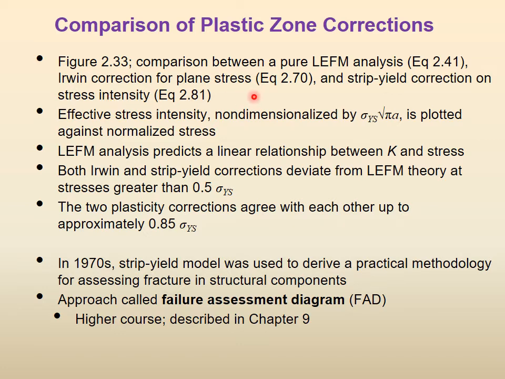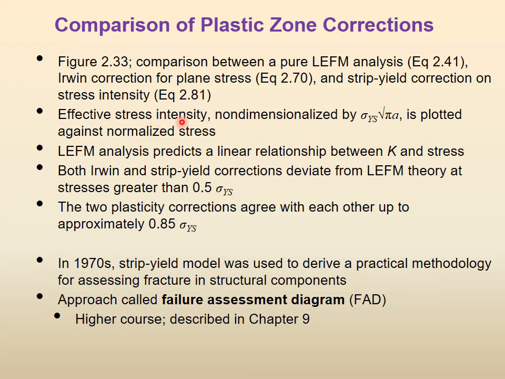In my earlier lectures, I did not have these equation numbers. Now I have added them so that you can directly compare with the Anderson textbook. Equation 2.41 in Anderson is the pure LEFM, equation 2.70 is the Irwin correction, and equation 2.81 is the strip yield correction.